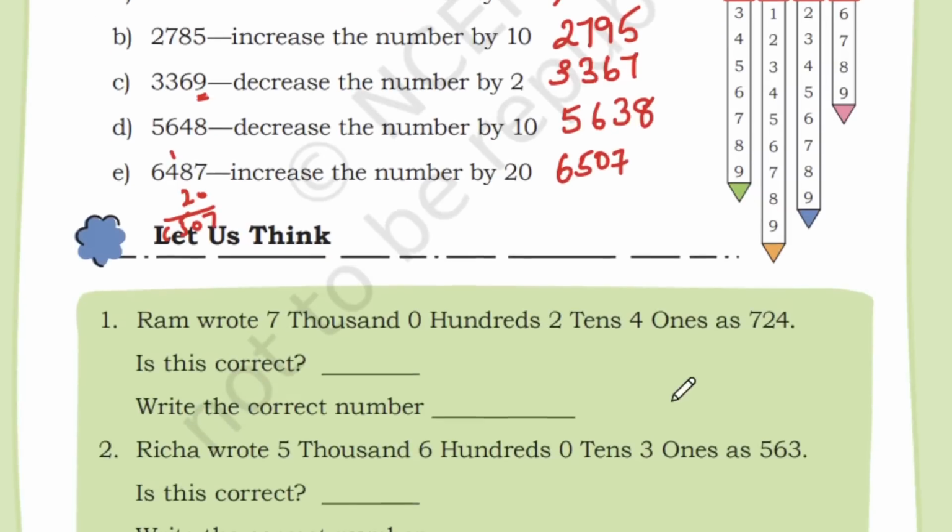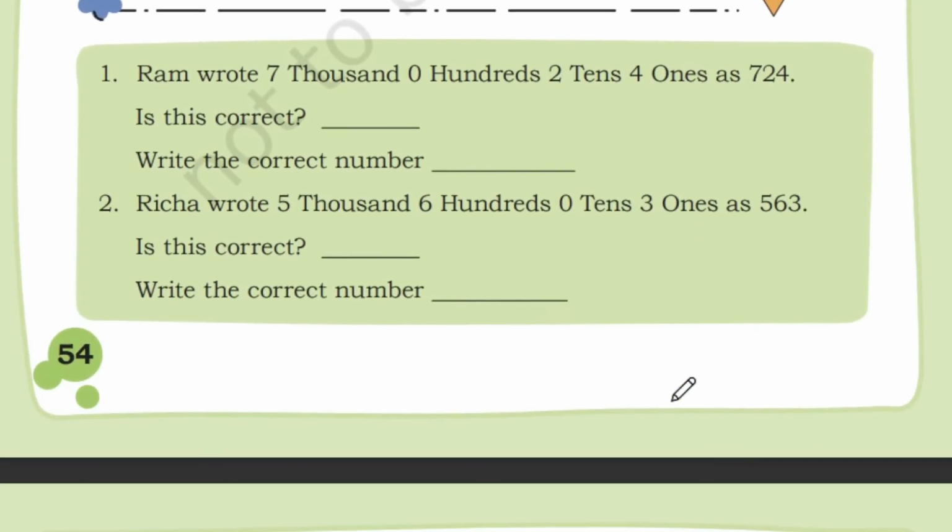Okay, next. Let us think. Ram wrote 7 thousand, 2 tens, 4 ones as 724. Is this correct? No. He wrote 724. There is no 1000 here.